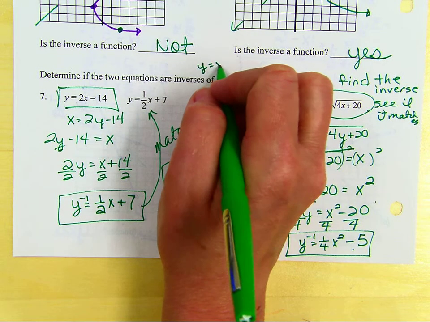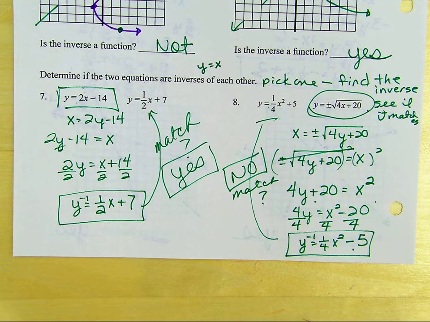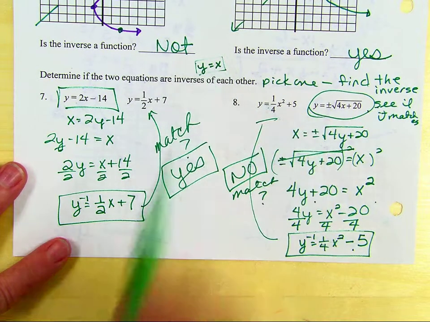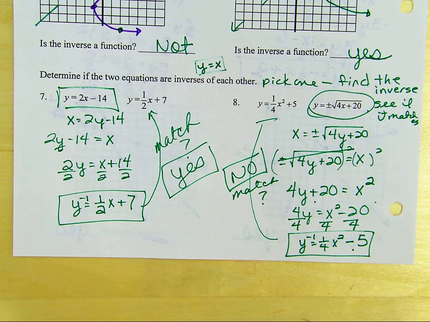If they are inverses, this is what you'll end up with. If they're not inverses, you will not end up with that. That's just a challenge to whoever wants to give that a try. Composite the two functions to see if they're inverses. All right. Do your best.